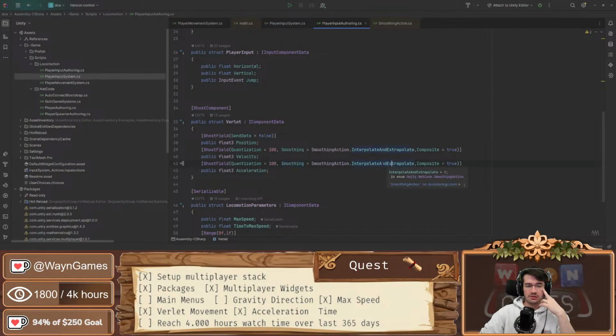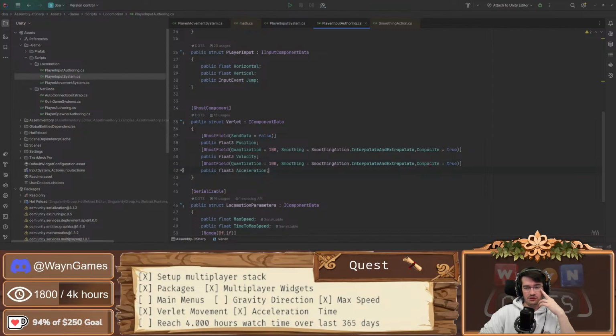So this one basically should, from my understanding, not snap directly. So if the value I got from the client on the client is different than the one that I got from the snapshot, it will smooth the value between the two and not just set it directly. So that should give me a more smooth experience. And the last one, composite true, I'm not sure if it's really necessary or not.